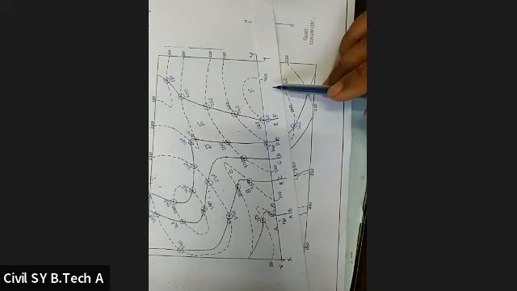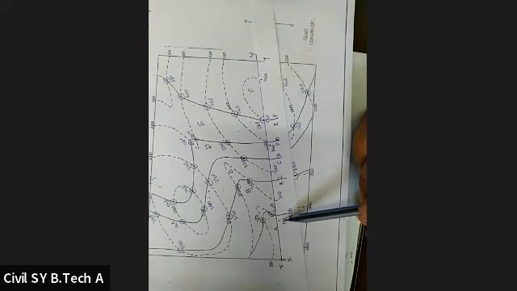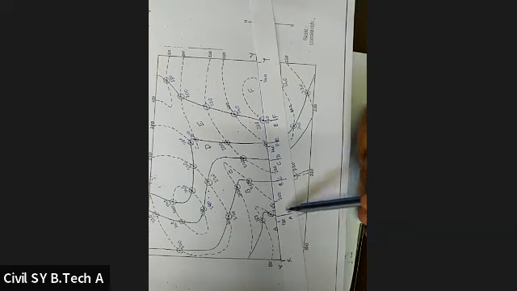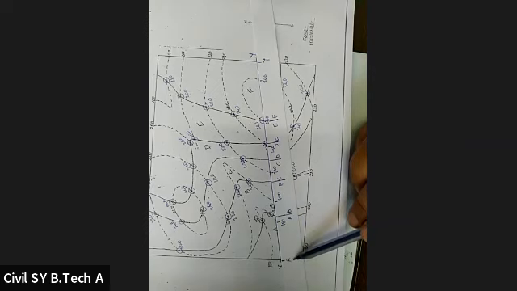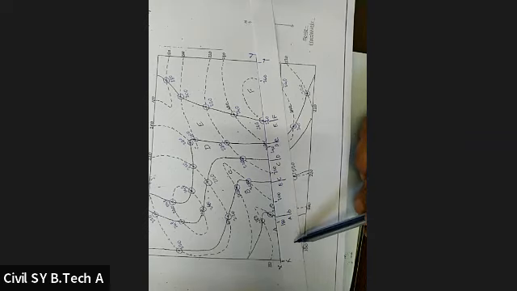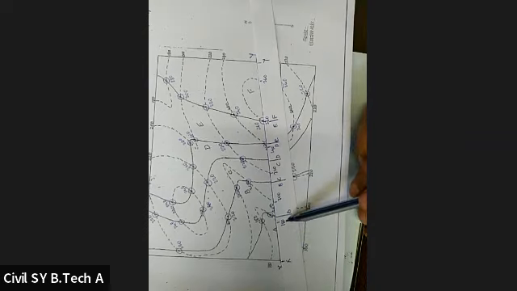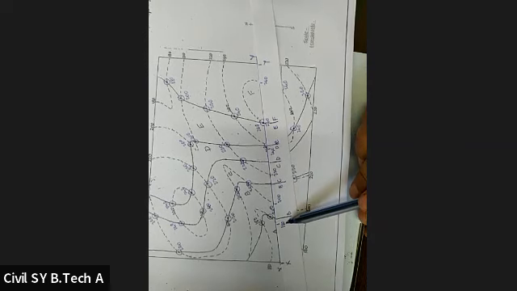Now when you look here, the elevations from this x point towards this point are continuously increasing. So the elevation of the x point will be less than this point, because towards the left hand side the elevations are continuously decreasing. That's why the elevation of x is lesser than the adjacent elevation.